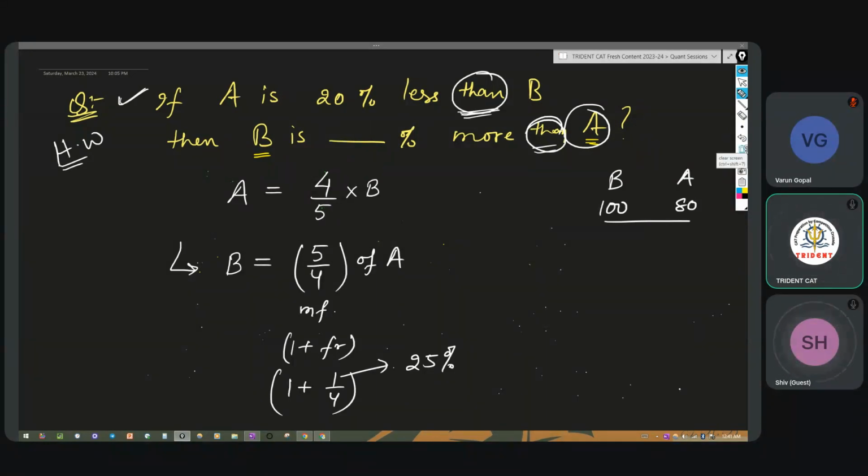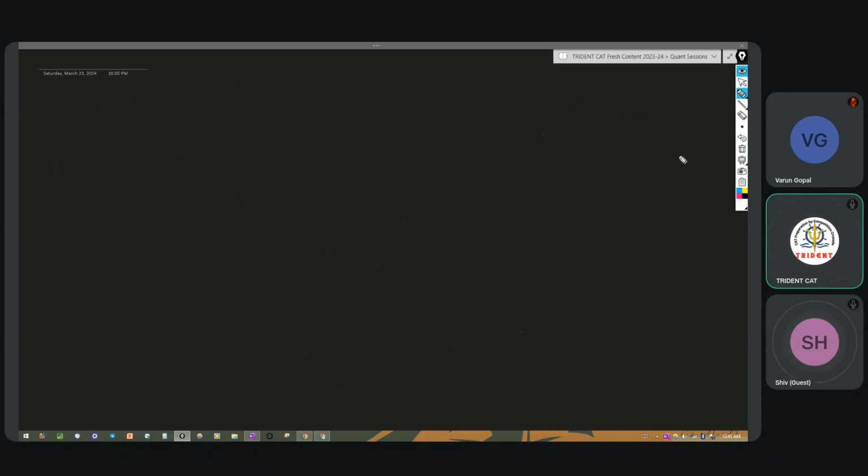One more question, guys. This is an application question. I have to write again, so please bear with my handwriting once again. Government increased the price of petrol by 16.67%.